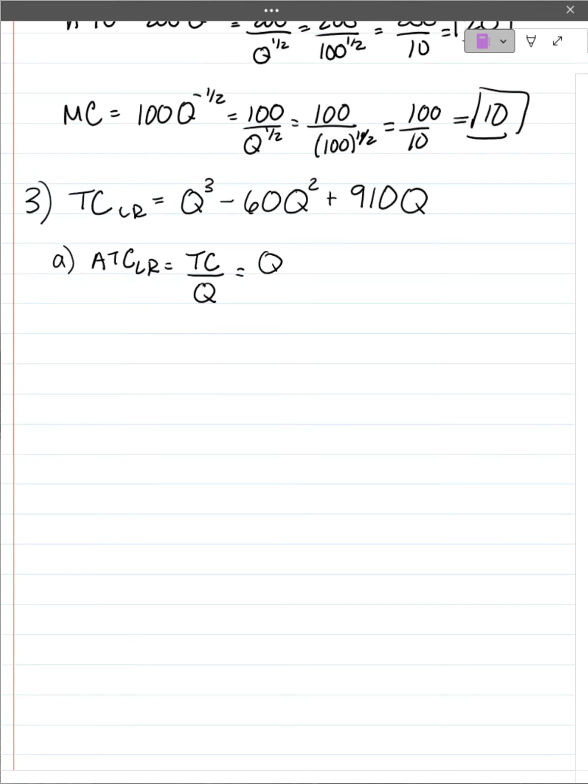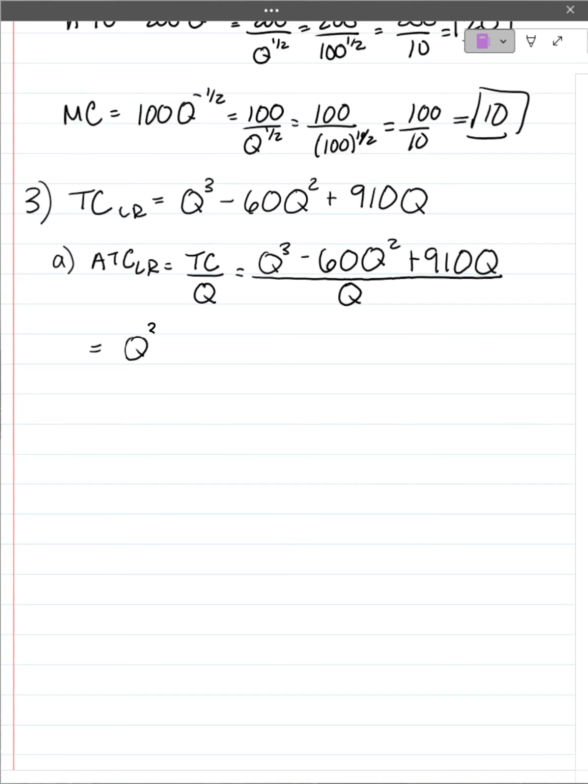So we'll have Q cubed minus 60 times Q squared plus 910 times Q all over Q. We can break this up into separate fractions.